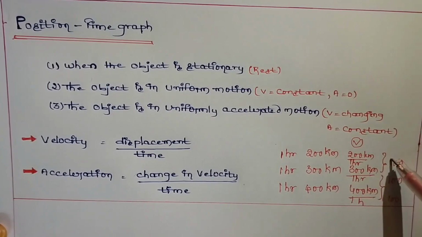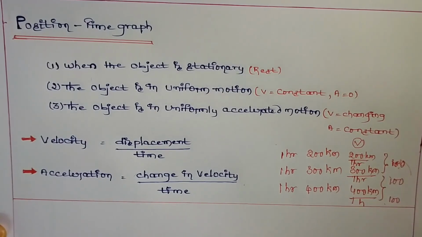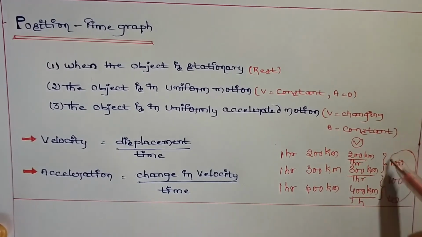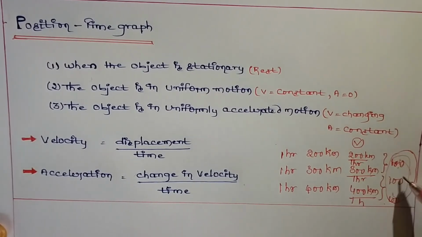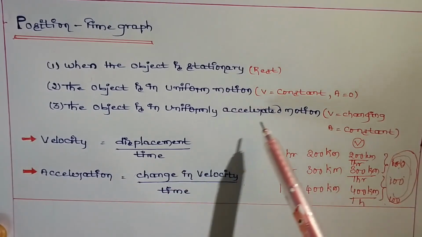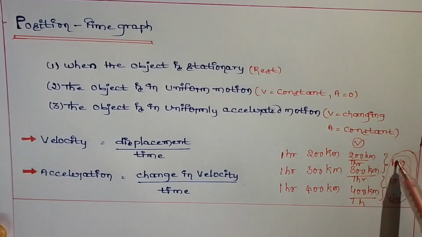But what is the change in velocity? It is 100, 100, 100, which means it is uniformly accelerating. In that case, we can say that the object is in uniformly accelerated motion, because the change in velocity is uniform, that is, acceleration is uniform.